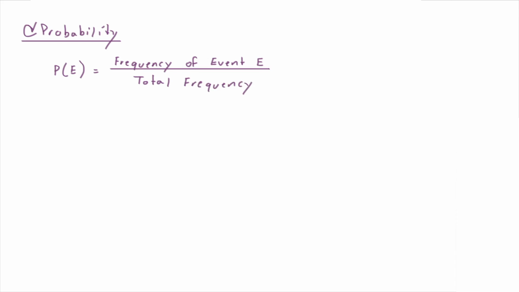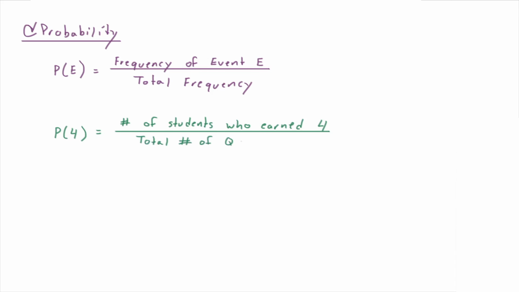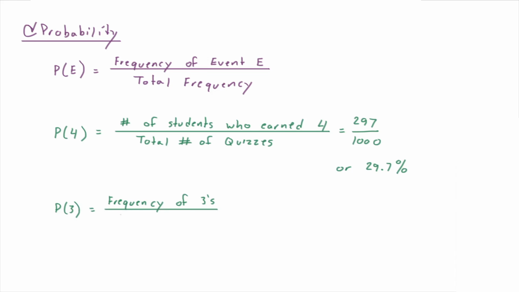Or specifically for our quiz example, we might say that the probability of a student earning a 4 is the frequency of 4s divided by the total number of quizzes. So 297 divided by 1,000, or 29.7% in this case. In fact, we can compute the probability of earning any given score in this way. The probability of earning a 3 would be the frequency of 3s divided by 1,000, so 470 divided by 1,000, or 47%.